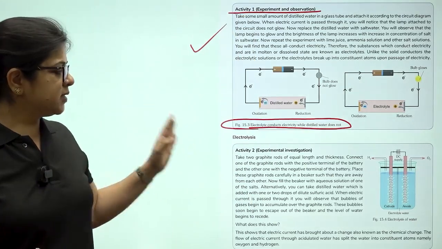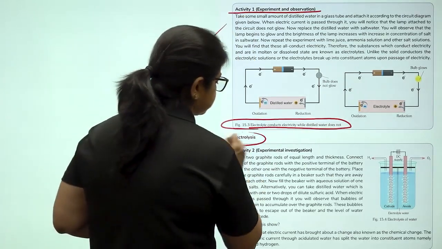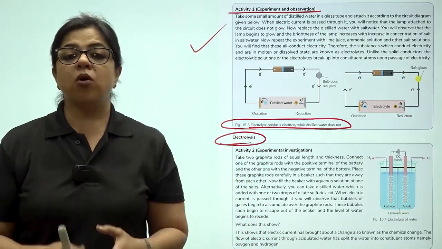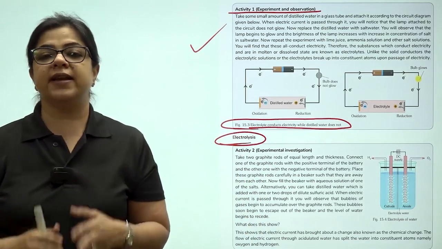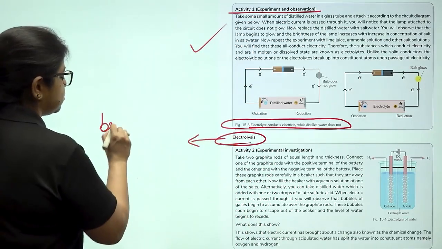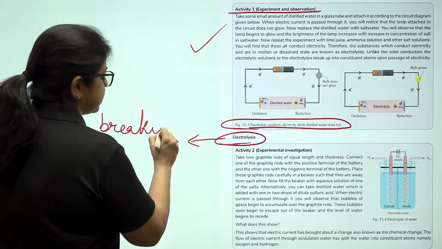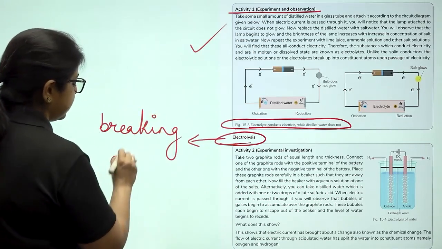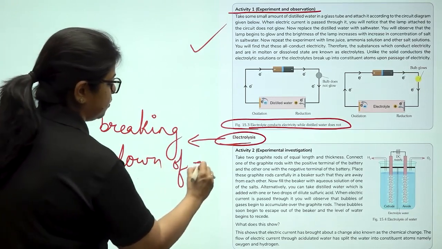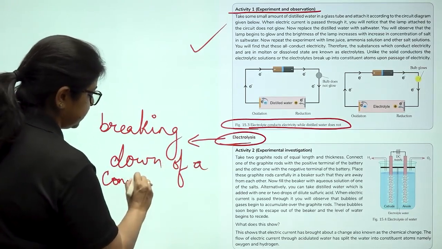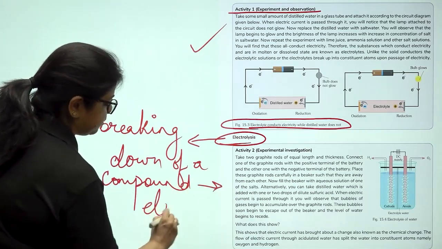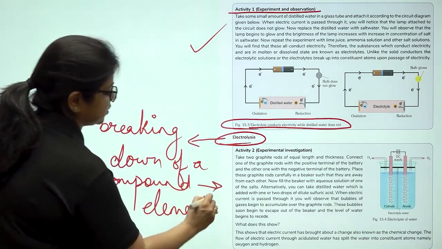Now let's come to the second experiment, which is electrolysis. One of the important applications of electric current is electrolysis. What is electrolysis? Electrolysis is essentially the breaking down of a compound into its elements because of passage of electricity.